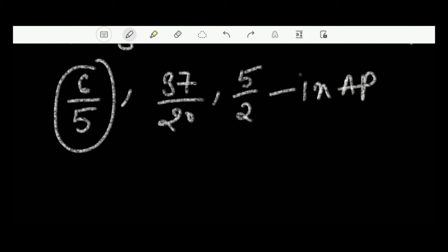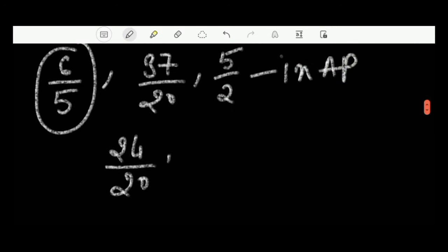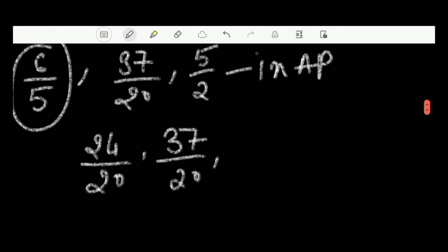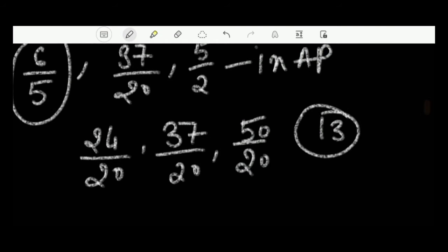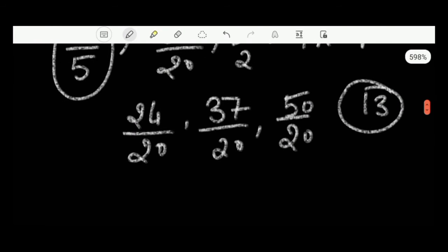So in numerator we'll get 24 by 20, and then this is our 37 by 20, and our next term we have to multiply by 10, so we'll obtain 50 by 20. And it's very clear to see that there is a difference of 13 in between the consecutive terms. So we can simply say that this is our AP.